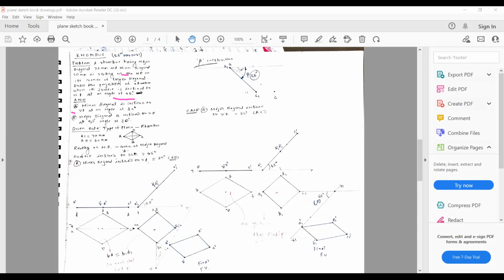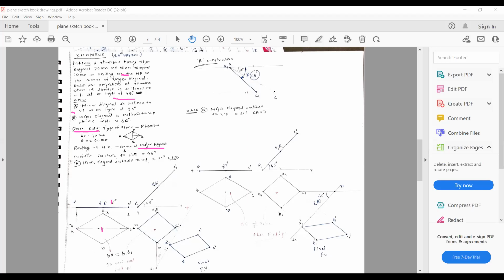Okay. First of all, write down the given data. Type of plane, that's a rhombus, 70 millimeter by 40 millimeter in terms of diagonals, resting on HP on a corner of the major diagonal. So what exactly you have to do? You will be taking the longer diagonal corner on the left side, not a side or the minor diagonal corner, and you will be completing this top view.